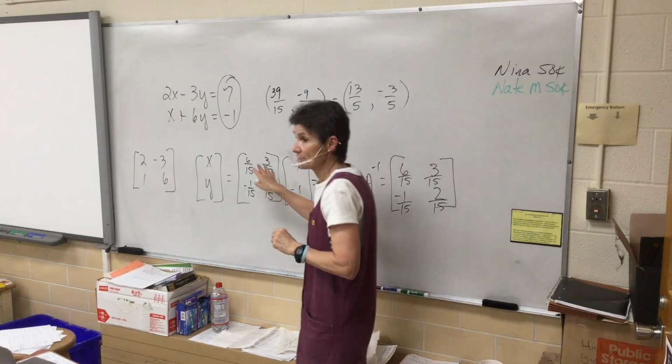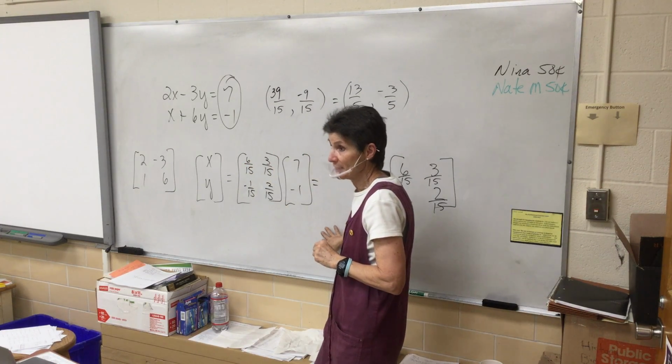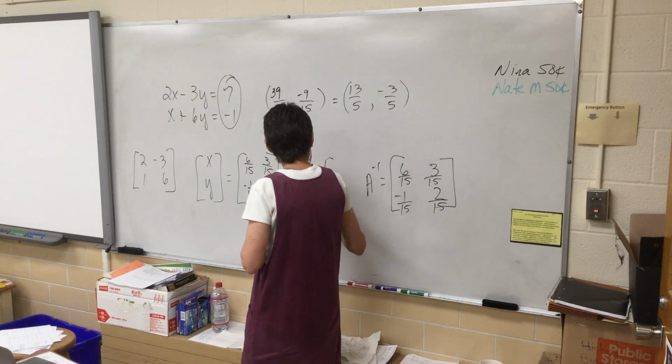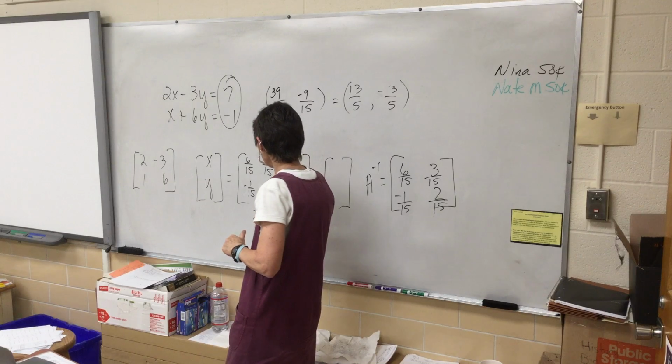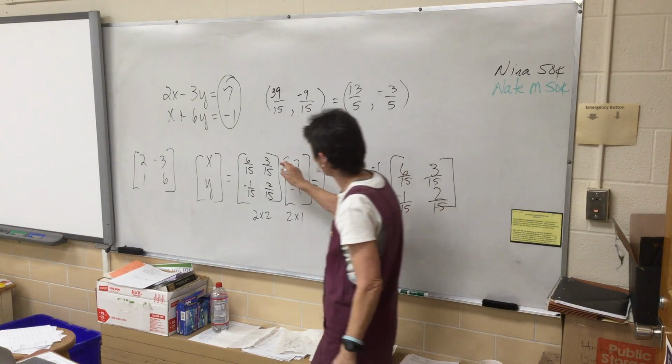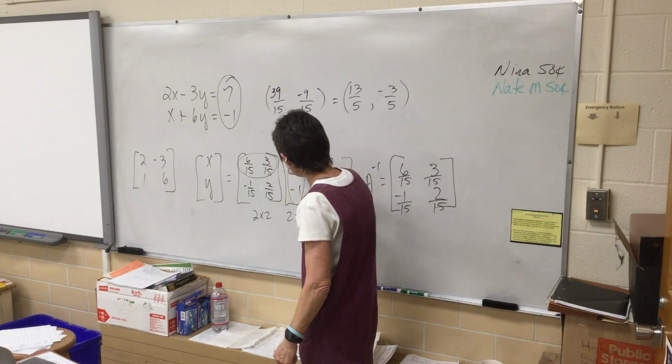So it's easier sometimes to leave it with the common denominator. So I'm gonna multiply these. They're always multipliable. It's a 2 by 2 and a 2 by 1. So I have two numbers to find.